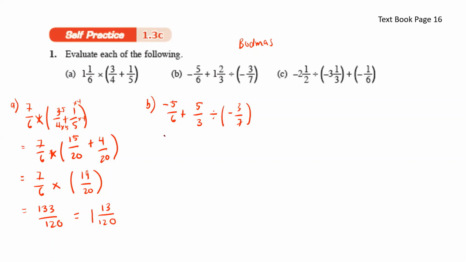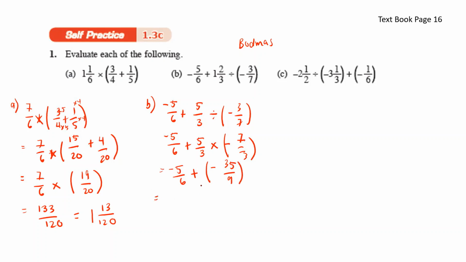You have to change it to a multiplication, and in order to do that, you'll just have to flip the number over. So change it to multiplication, negative 7/3. That gives us negative 5/6 plus negative 35/9.